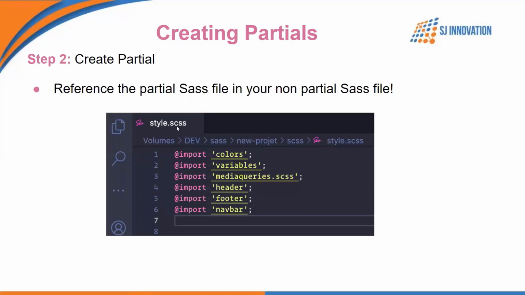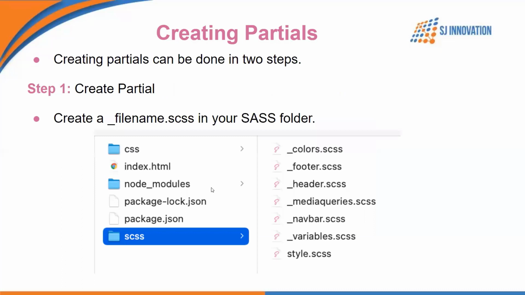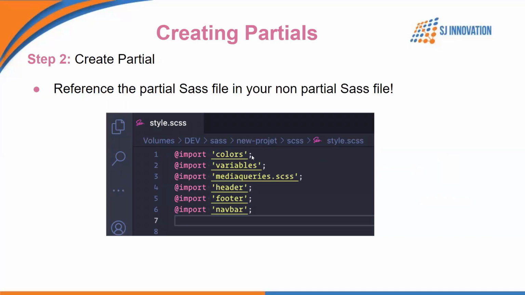Then to add them into our main SASS, we have to import them. Here we have used a colors SASS partial file, so we have used import colors. In this way we can use partials, which is very helpful for our project.